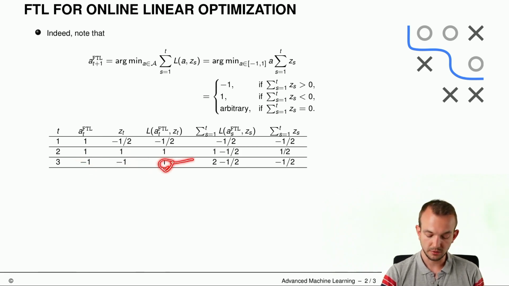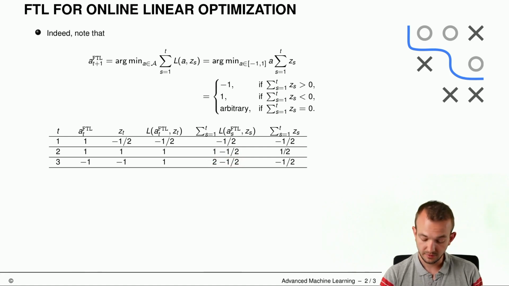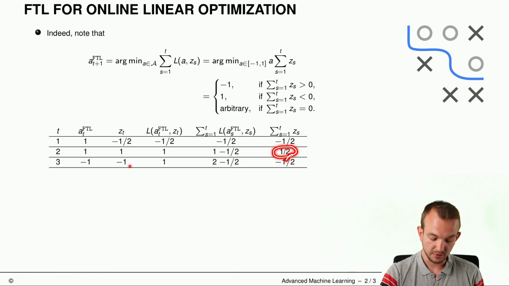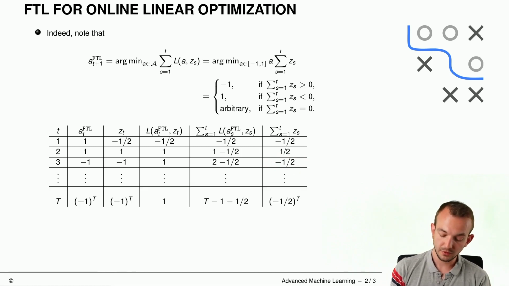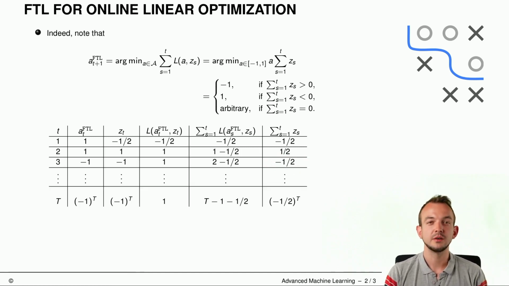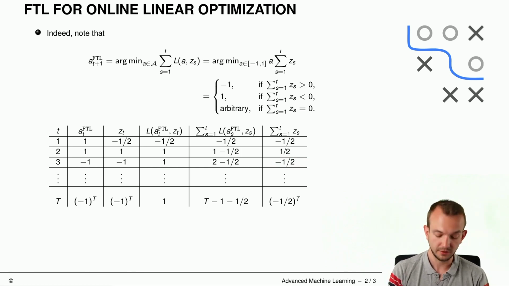We add this 1 to our previous cumulative loss and end up with 2 minus 1/2. We update the sum over the environmental data points, add to the 1/2 the -1, get the -1/2, and if we do this till we reach the time horizon, you see the pattern in here.